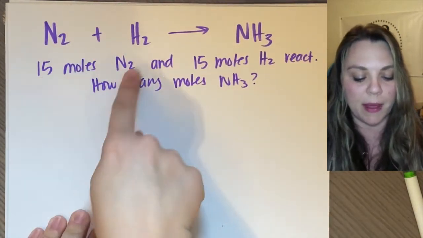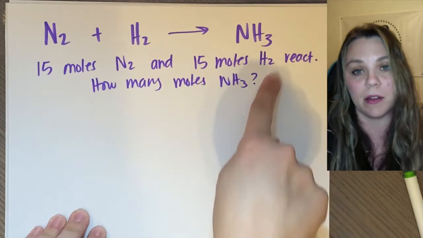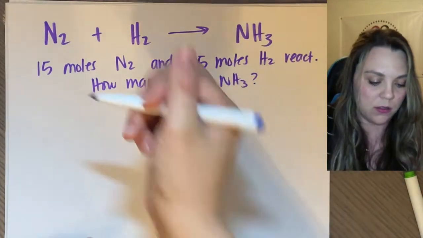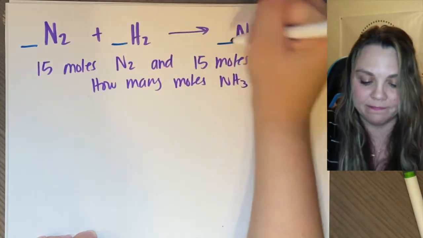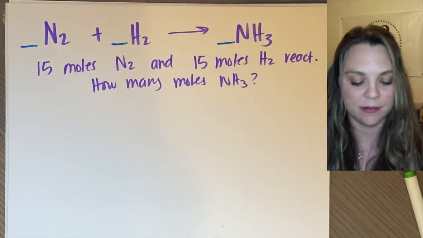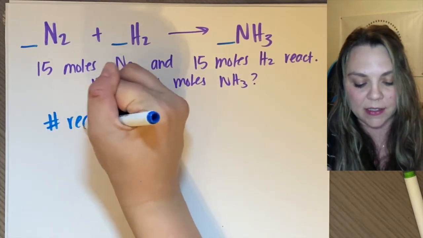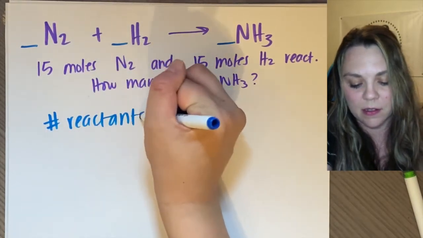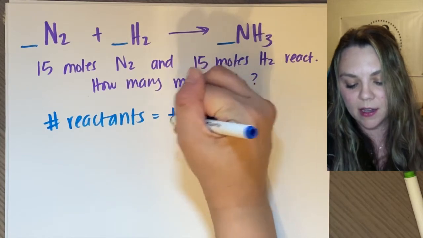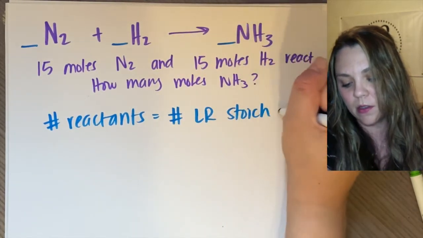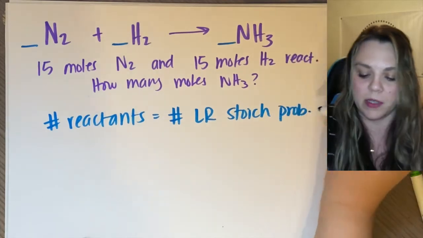They're giving you an amount of one reactant and an amount of another reactant. Okay. So here's the basics, okay? Your number of reactants in the problem is going to be the number of limiting reactant stoich problems that you complete.